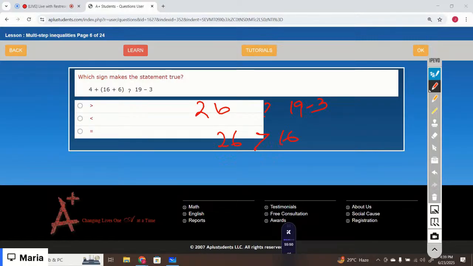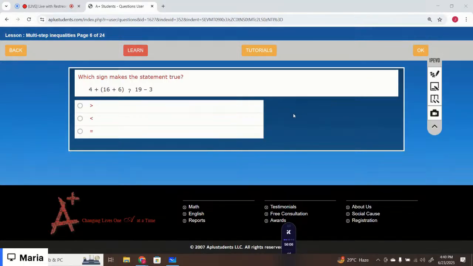So 26 is greater than 16. The correct option is 3. Option number one is the correct option.